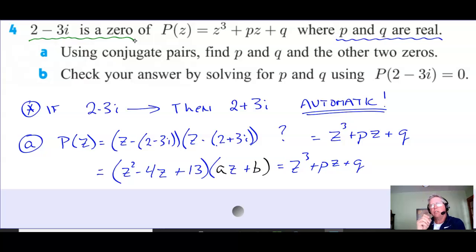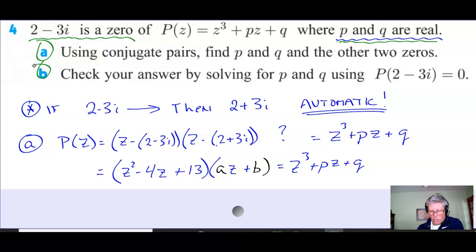You don't really say there's no z squared. I know the coefficient of z squared is equal to 0. A little distinction there. And we know p and q are real. That means if 2 minus 3i is a root, then 2 plus 3i has to be a root. So they tell you a lot. This is a level 2, 3, 4 problem. They kind of tell you how to do it.